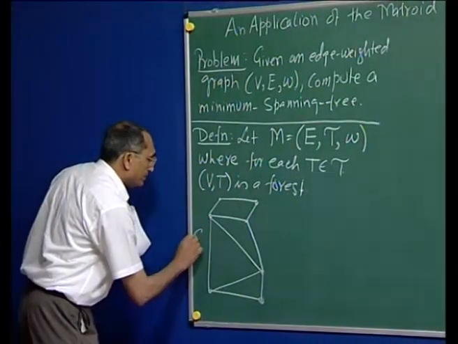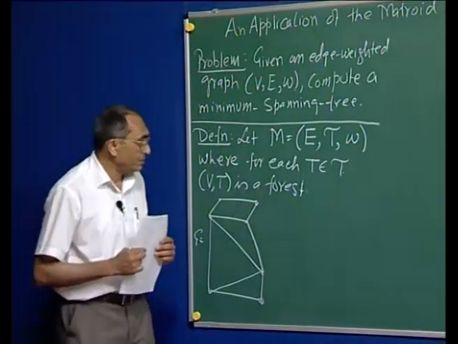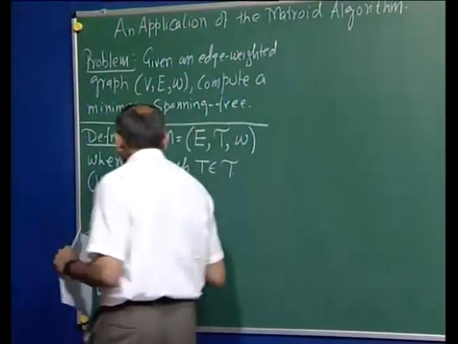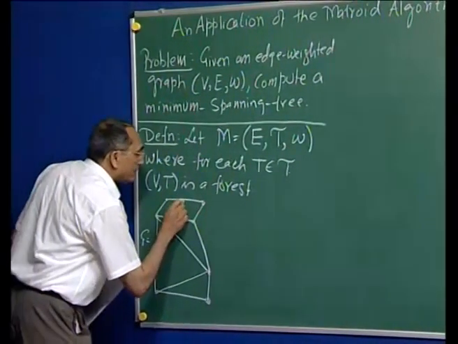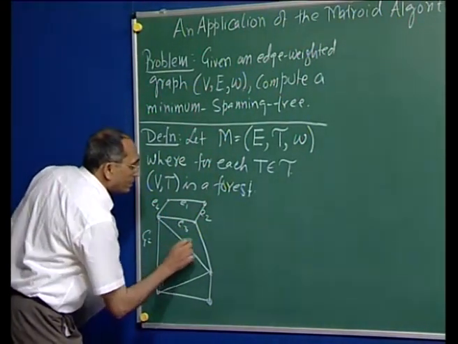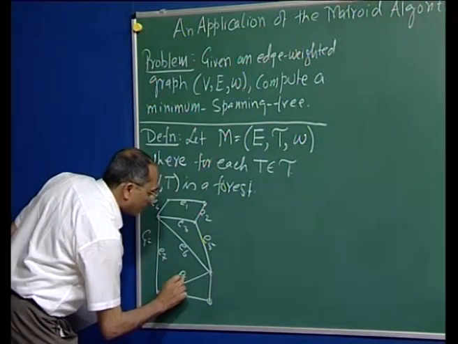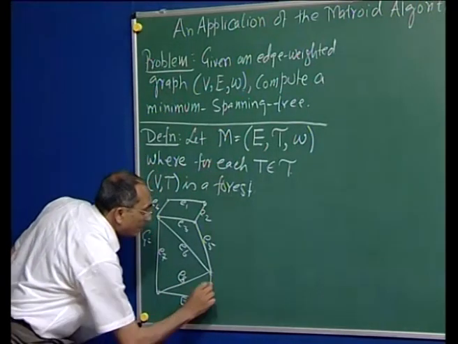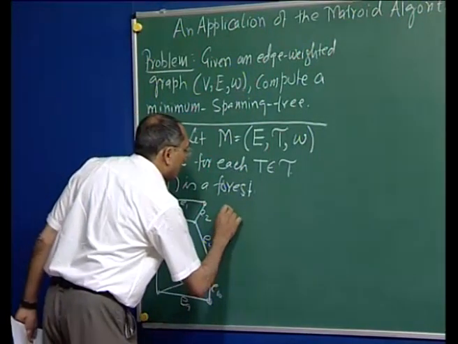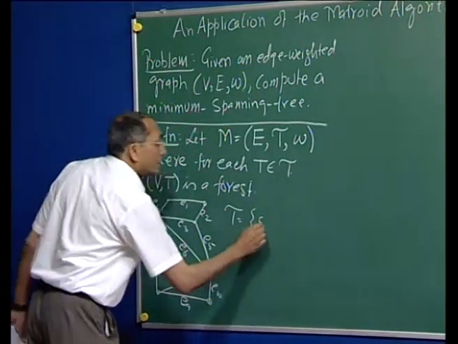If this is my G, I am ignoring the weights right now, then some of the members of script T will be, if I label the edges E1, E2, E3, E4, E5, E6, E7, E8, E9, E10, possible members are, for example, just E1.